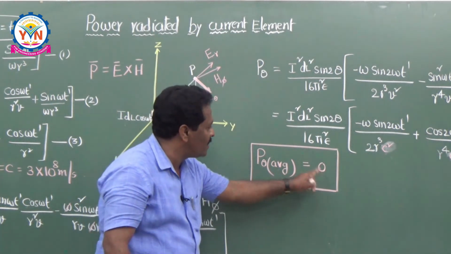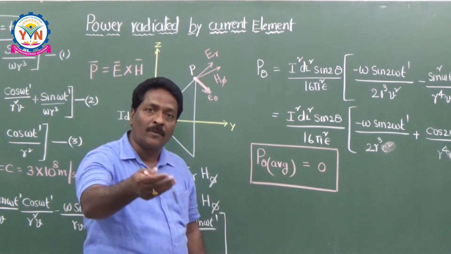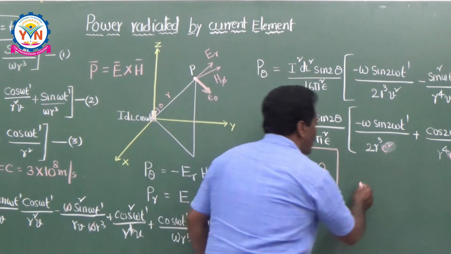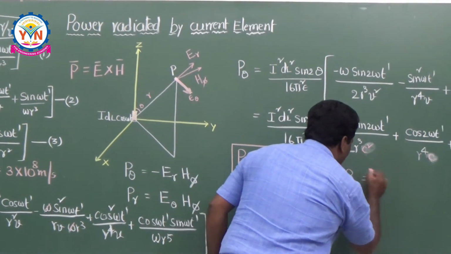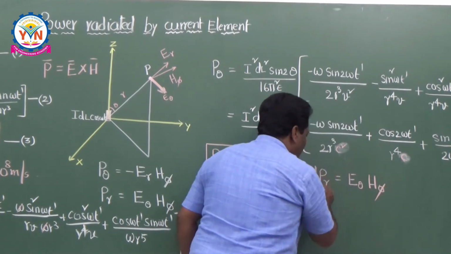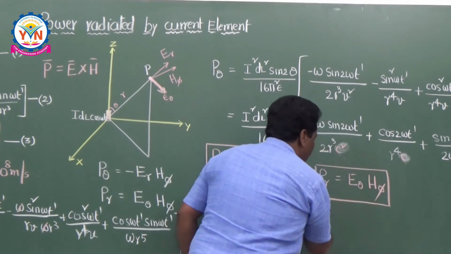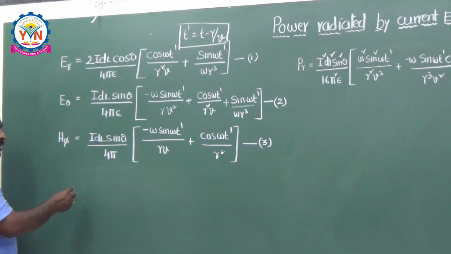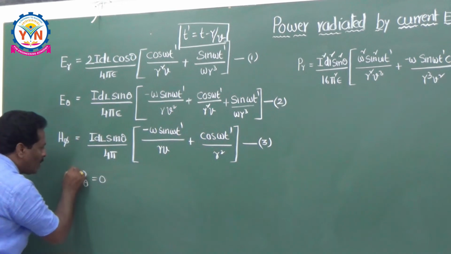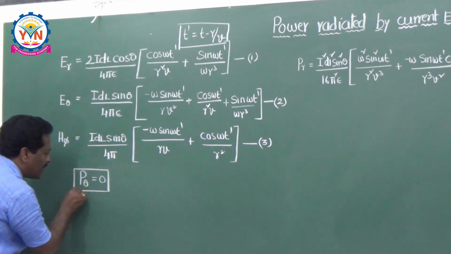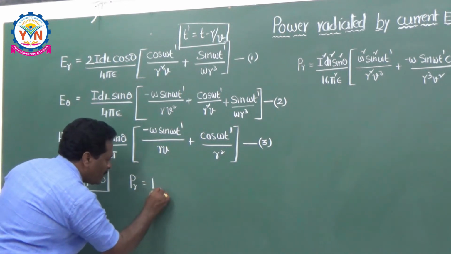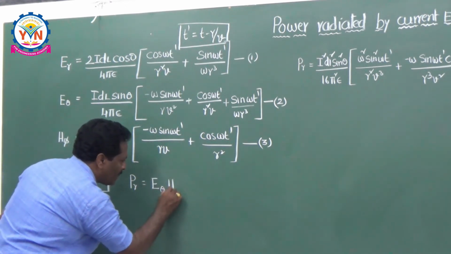So that's the reason I would like to calculate one more power now. That power is nothing but your radial power. What is the radial power? Radial power is equal to E theta multiplied by H phi. So let us calculate this radiated power now. Just now we have seen the power in theta direction is equal to 0. Now one more power is existing here, that is the radial power, power in r direction, equal to the multiplication of E theta and H phi.